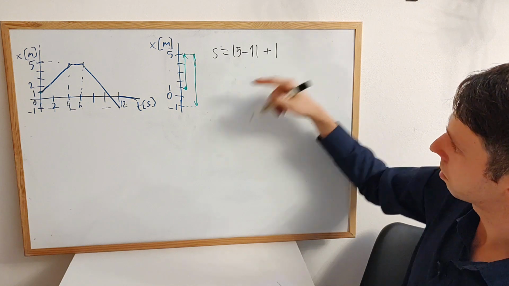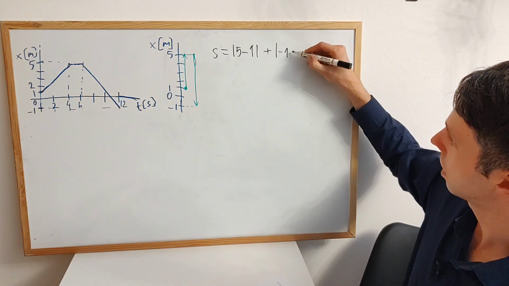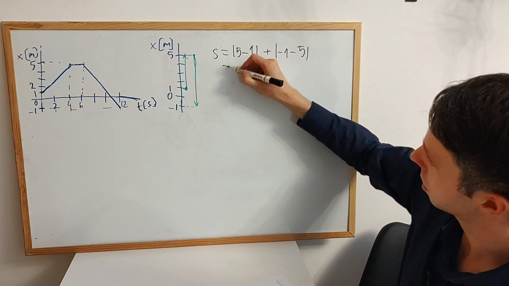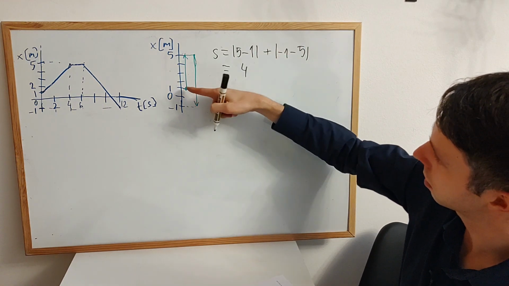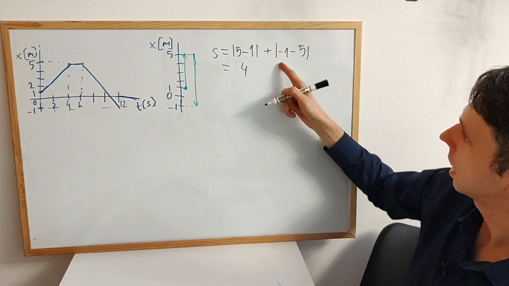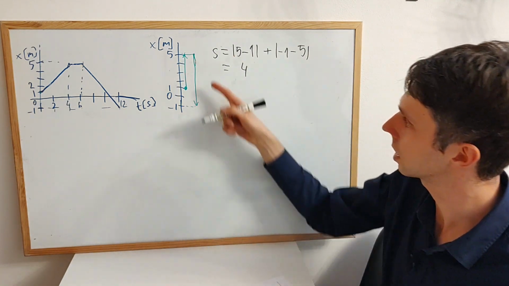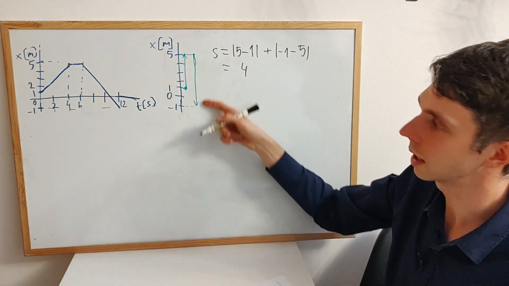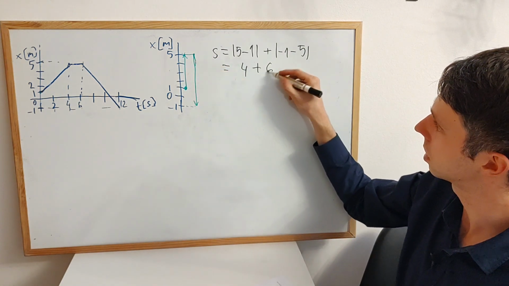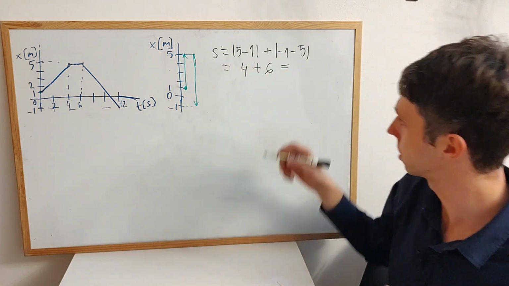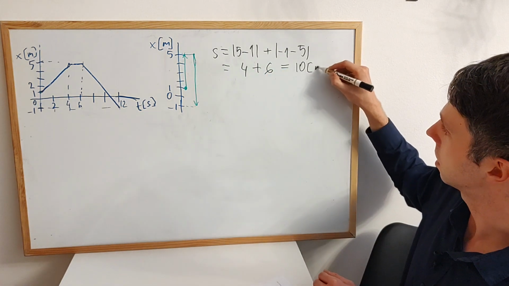So final position is -1 minus initial position 5, and so this is 4, and also there are 4 units, and this is 6 because it's the absolute value of -6, and you can easily see that these are 6 units, so this is 4 plus 6, so the total distance of the object is 10 meters.